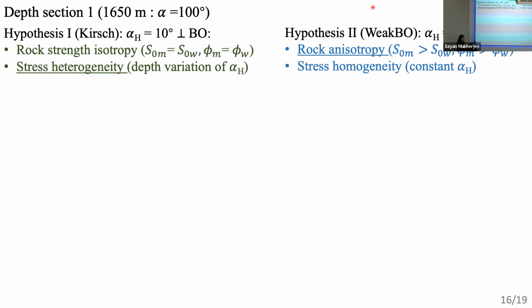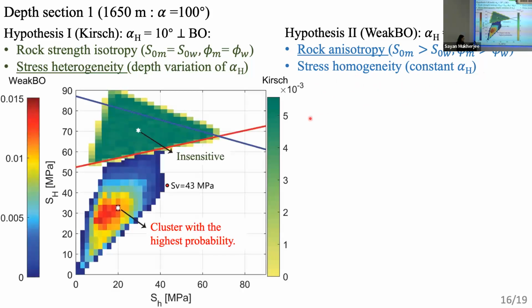And the second hypothesis is the weak plane hypothesis. In this hypothesis, we take the rock anisotropy into consideration. It means that the breakout azimuth rotation we observed is actually controlled by the foliation. And we also assume that stress is coupled with the overlying sediments, so we have a consistent alpha H. And here the result shows the feasible stress we inverted.